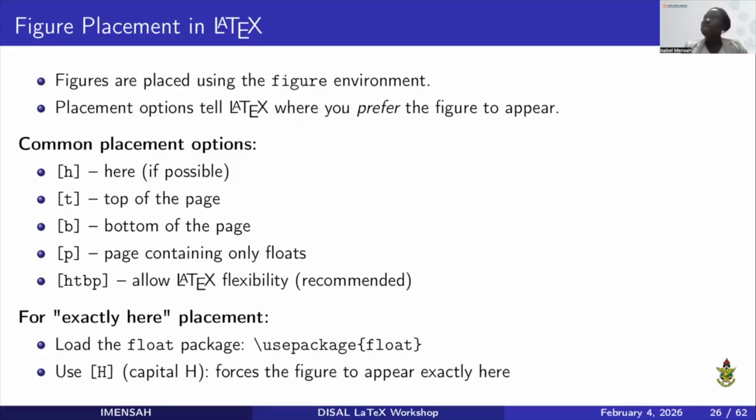So let's say you have defined one table. Sometimes when you are working, you have one page where you are compiling your images, and then you talk about them somewhere else. So when you just use P, LaTeX will go and search for a page that has only floats and put it there. Now, most of the time, the recommended one is HTBP.